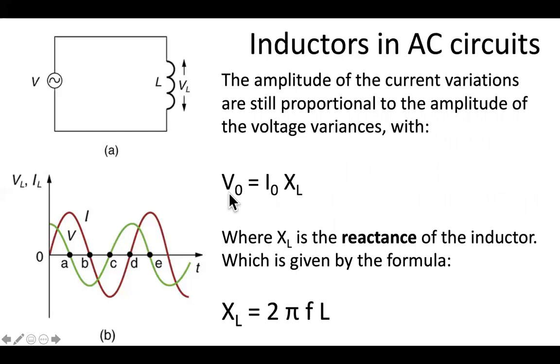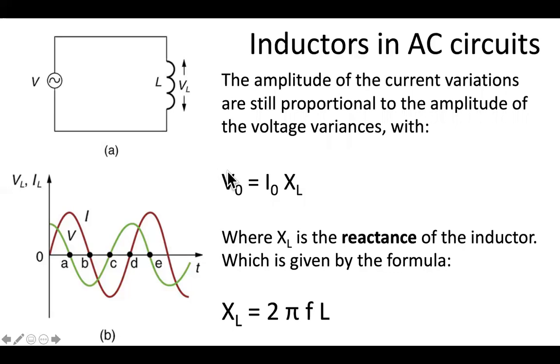Now, we should be careful here. It is no longer true that voltage and current are proportional to each other, because sometimes the current is big and the voltage is 0. Other times the voltage is big and the current is 0. But the amplitudes have a relationship. And also other metrics like what's called the RMS variation have a similar relationship.